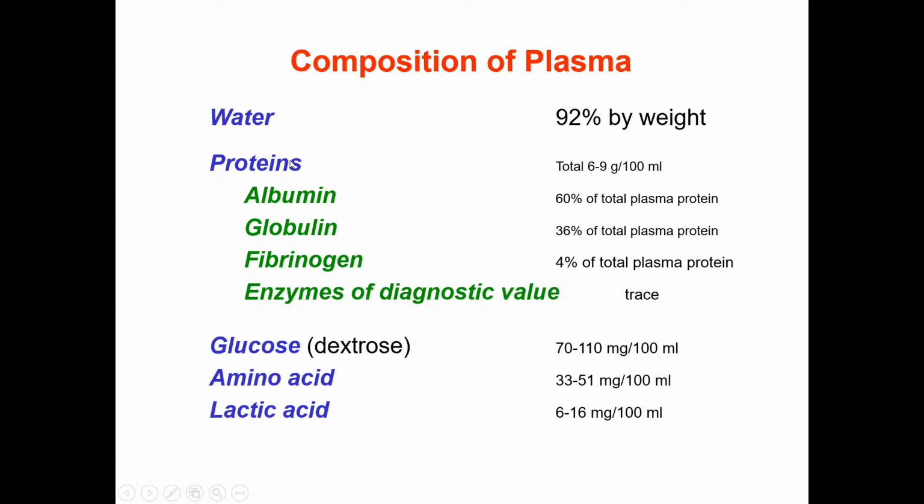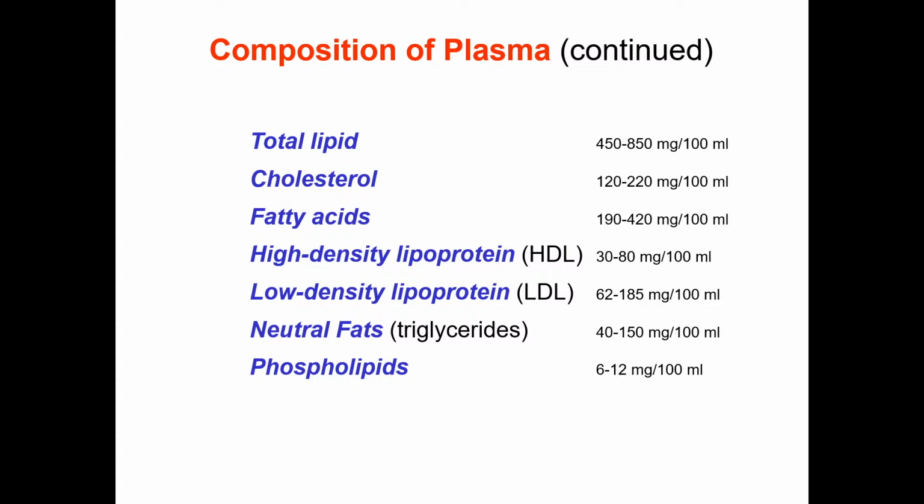These solid components include protein molecules such as albumin, globulin, then fibrinogen or blood clotting protein, enzymes of diagnostic value, and some nutrients like glucose, amino acids, fatty acids, and lactic acid. All of these primarily contribute to the solid component of the plasma, which contributes only 8%.